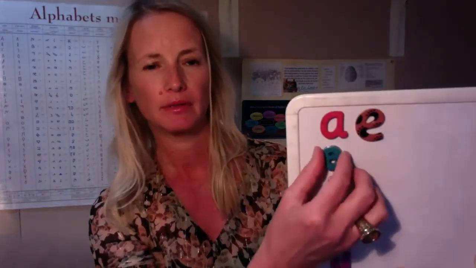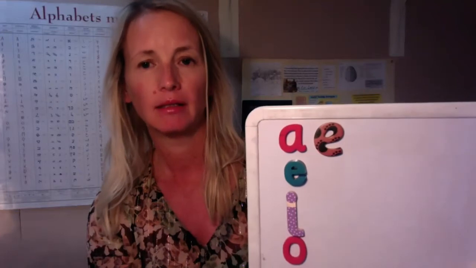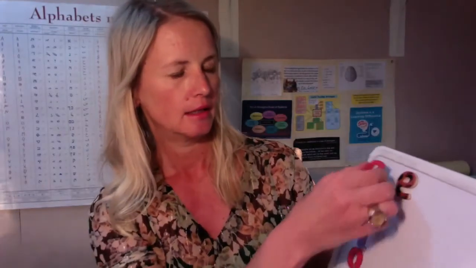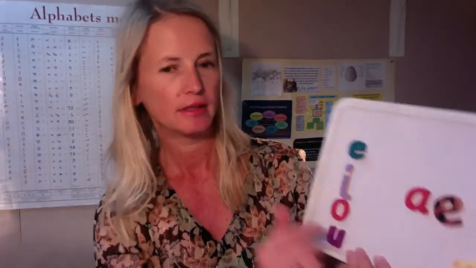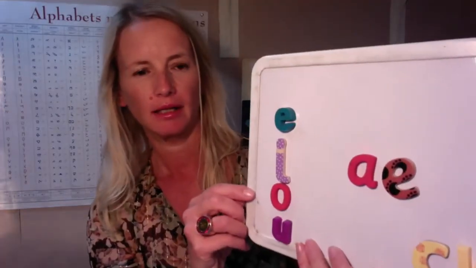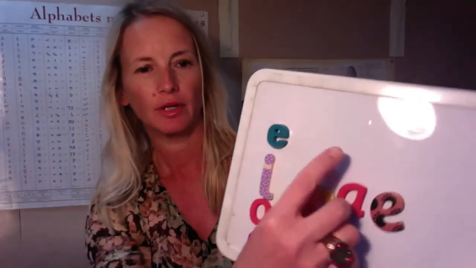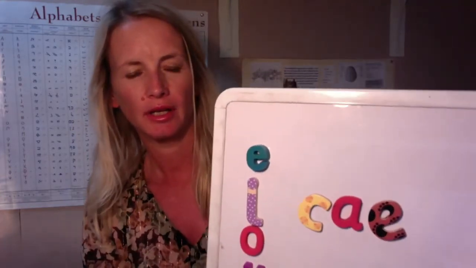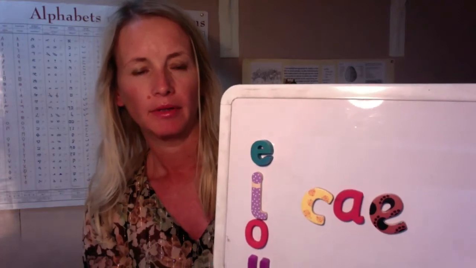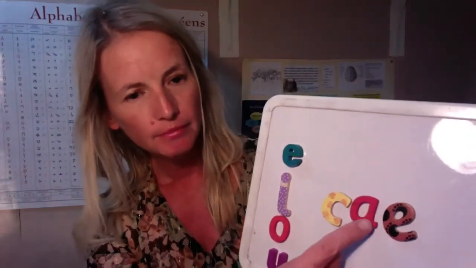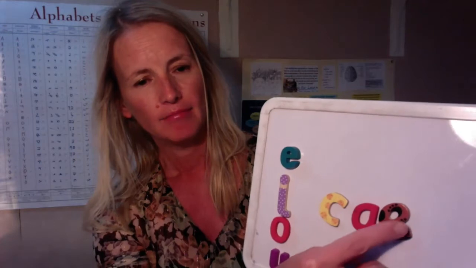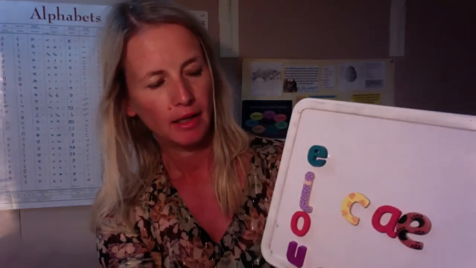But what happens, why we call it a split digraph, we've got the sound A, and now we've got K, A. The letter is making its long sound, its strong sound, or its letter name, but they are making that together as a pair.